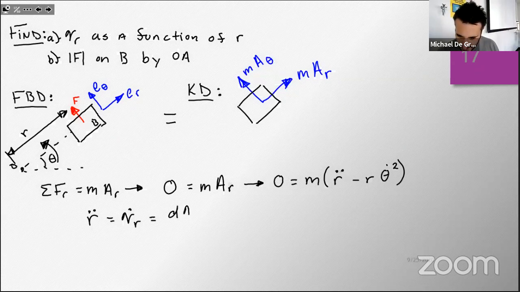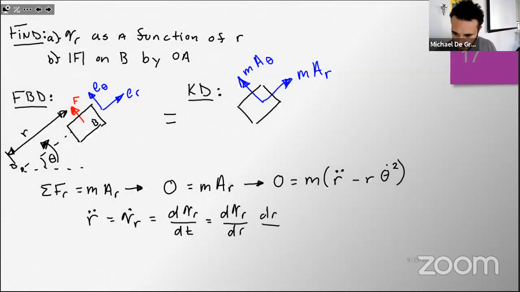Well, isn't that just dVr dt? Sure. And here's the part where you're going to be like, Dr. D, you can't do that. But then I'll tell you, well, sure I can, because that's the chain rule, right? I can rewrite this and recombine things as VR dVR dr.